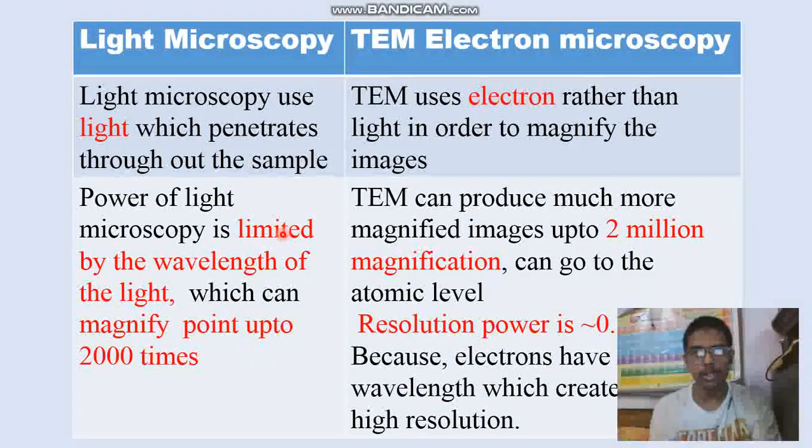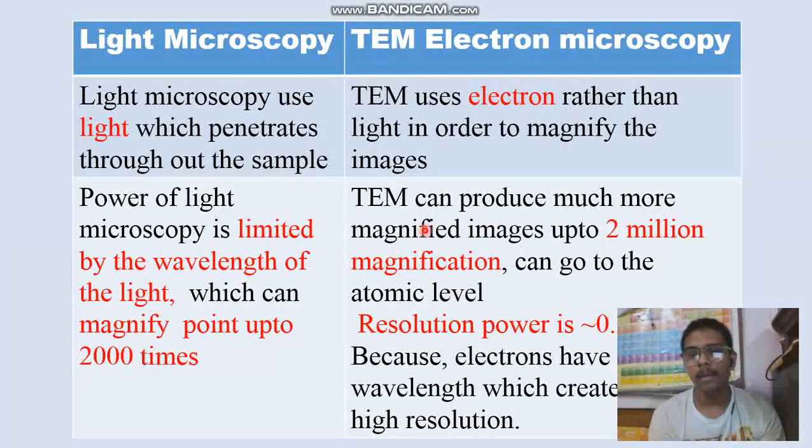The resolution is limited by the wavelength of the light, which can magnify a point up to 2000 times for a light microscope. But as I have said, old is gold.